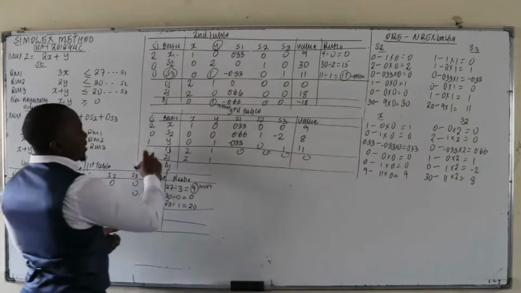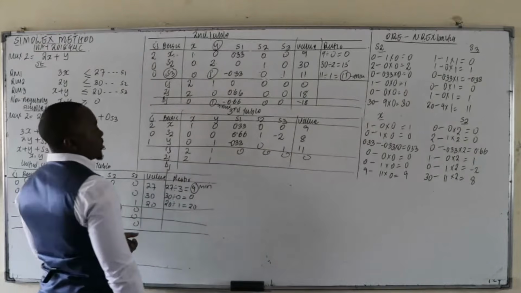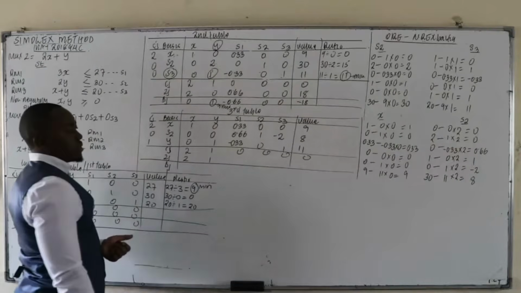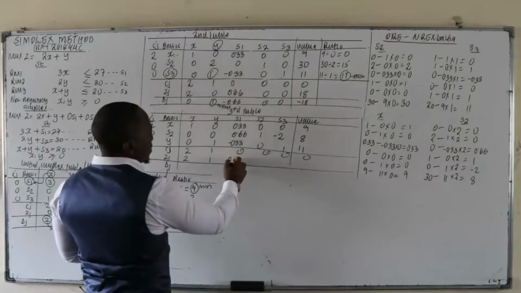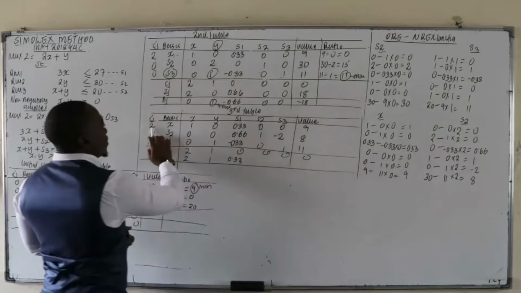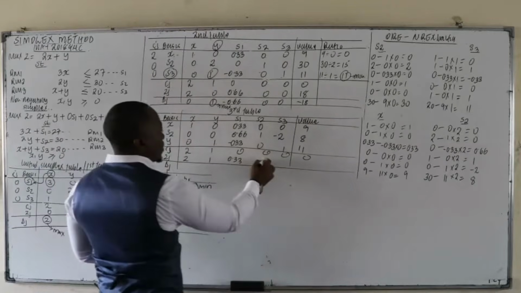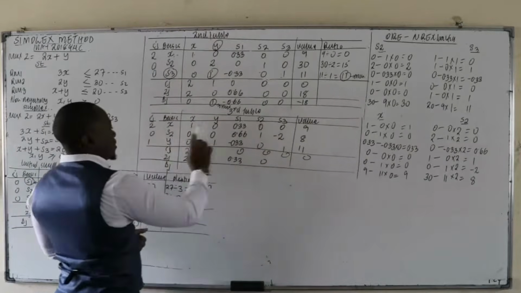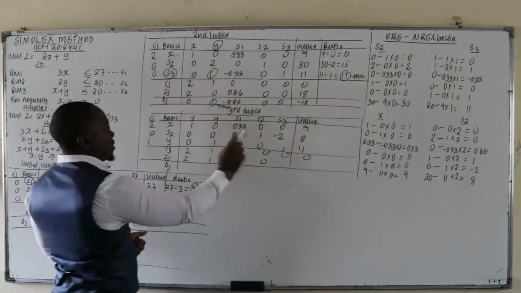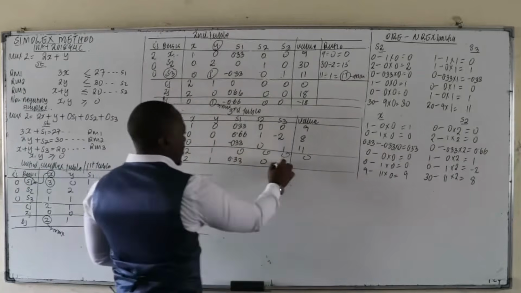Negative 0.33 times 1 gets negative 0.33. 0.66 minus 0.33, you get 0.33. 0 times 2 is 0, 1 times 0 is 0, 0 times 1 is 0. 0 times 2 is 0, negative 2 times 0 is 0, 1 times 1 is 1.